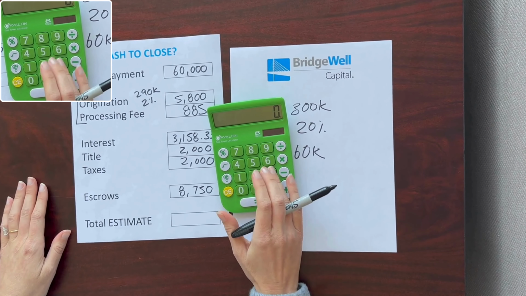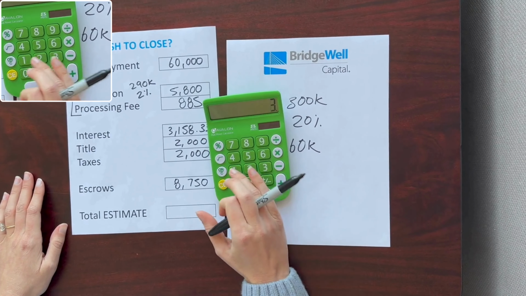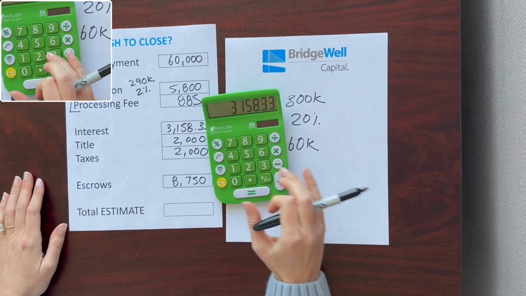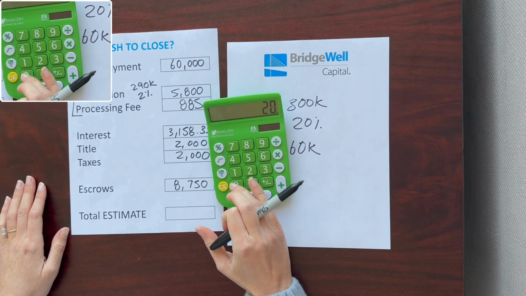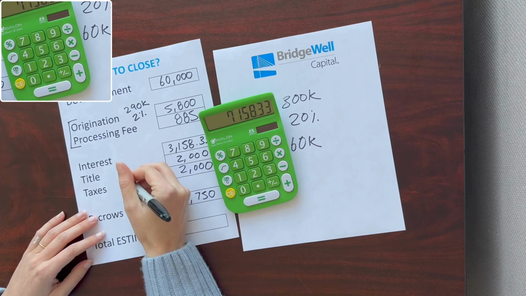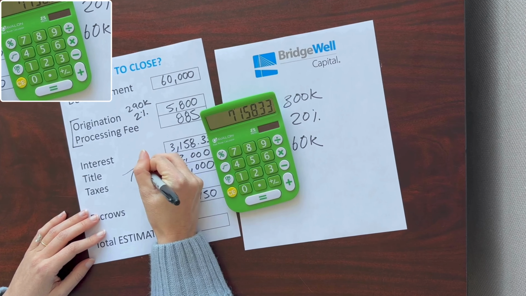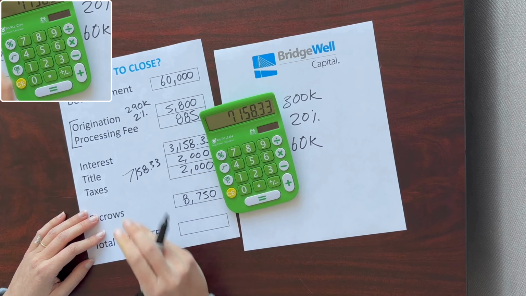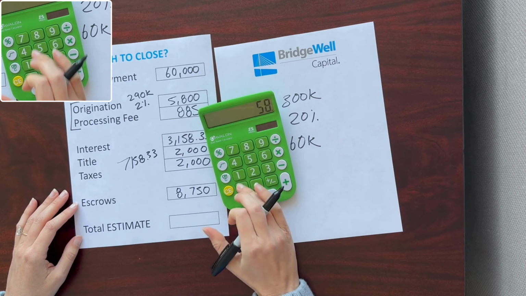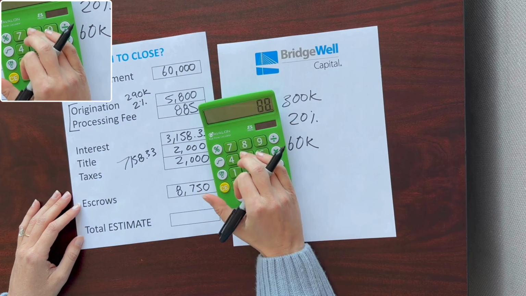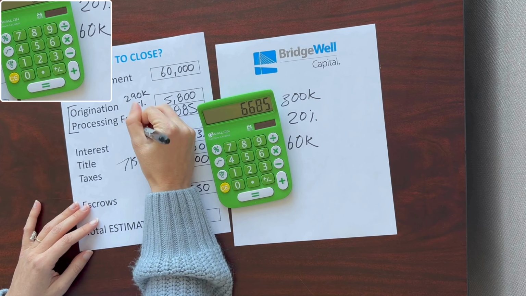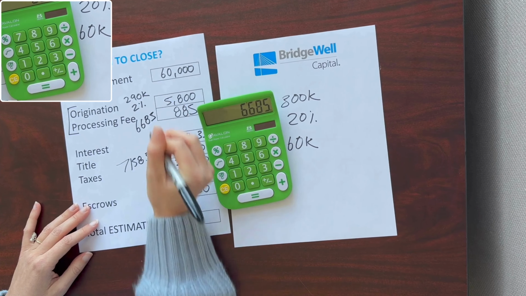Okay, let's do some subtotals before we add it all up. Lender costs are 6,685.